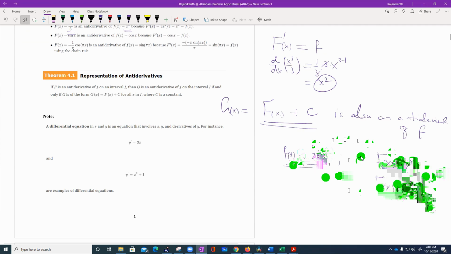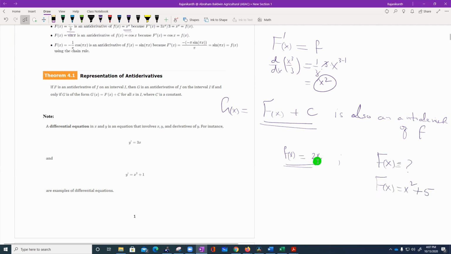But now I am free to choose any constant here. Say my constant is 5, I am adding 5. Do you think this answer is also going to be an antiderivative of 2x? I should say yes. You see the definition. What is the derivative of this? What is F prime x here?